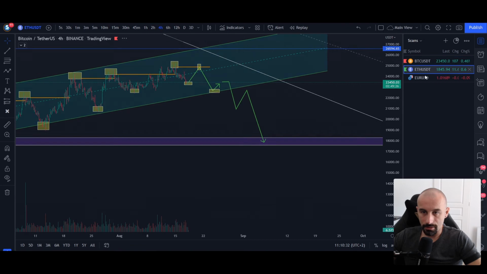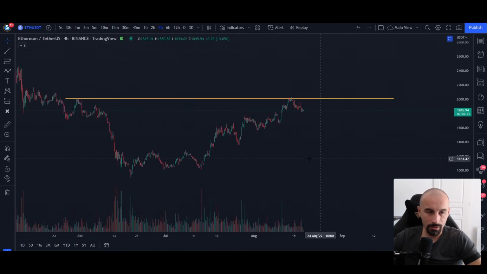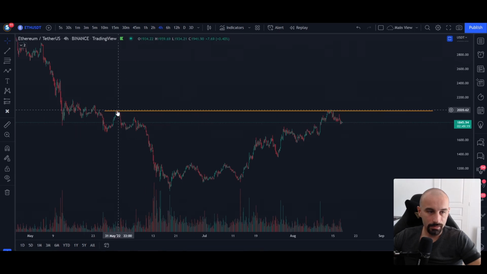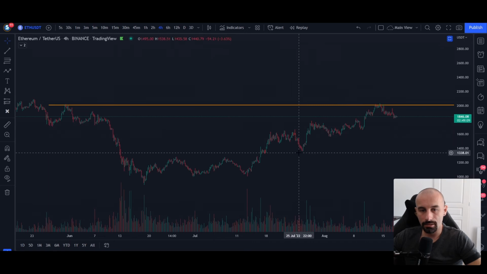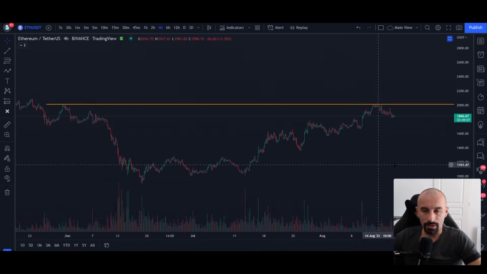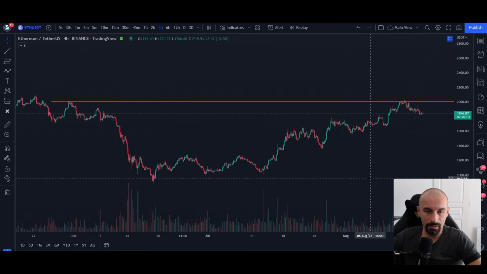Let's take a look at Ethereum real quick. Ethereum on the 4-hour just rejected on this resistance area right here. Of course, swing lows. We have one high, low, high, low, high in this area. Same pattern more or less, but Ethereum is governed by something different.